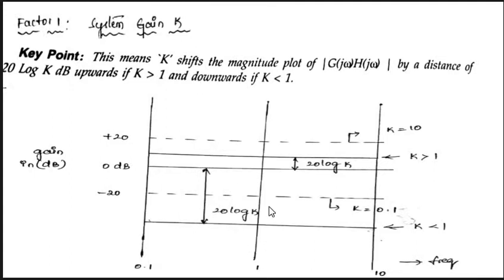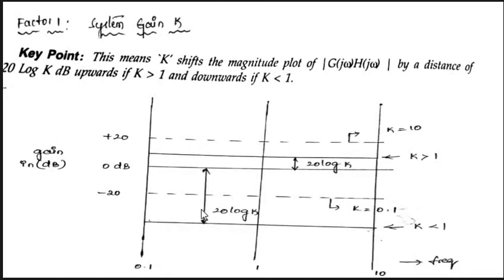So this is only the magnitude plot. Magnitude means mod G(j omega)H(j omega). This is the 0 dB line, and initially the total graph is divided into a number of decades. Here 0.1, 0.2 and so on up to 1, that means 10 different values in between, so this is one decade, and 1 to 10, with 1, 2, 3, 4, 5 and so on up to 10, is another decade.